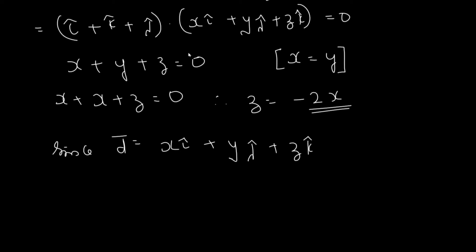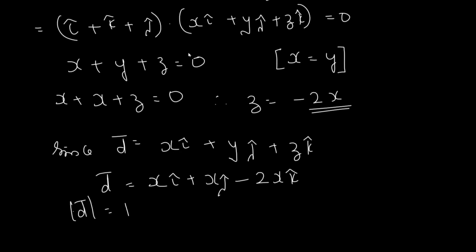We can write it as xi plus xj because x is equal to y, and z is minus 2x, so minus 2xk. That is our value for d. Also, d is given as a unit vector, so we can write mod d is equal to 1, which is given.